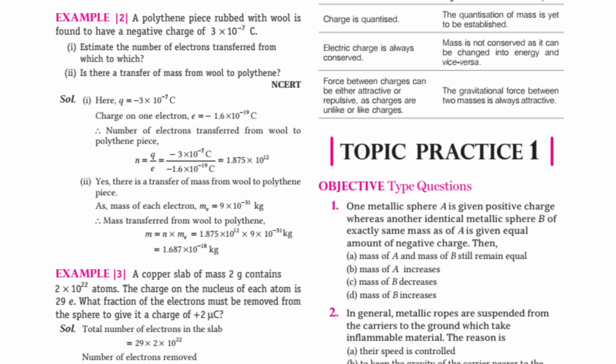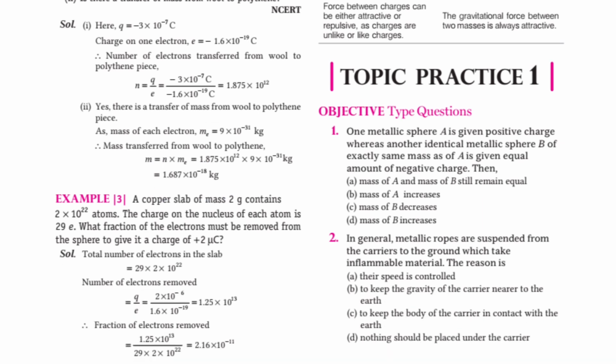So we have N, that is minus 1.6 into 10 raised to minus 19, we are putting the value over here, and we have me already given, 9 into 10 raised to minus 31 kg. So finally we are getting the output 1.687 into 10 raised to minus 18 kg.